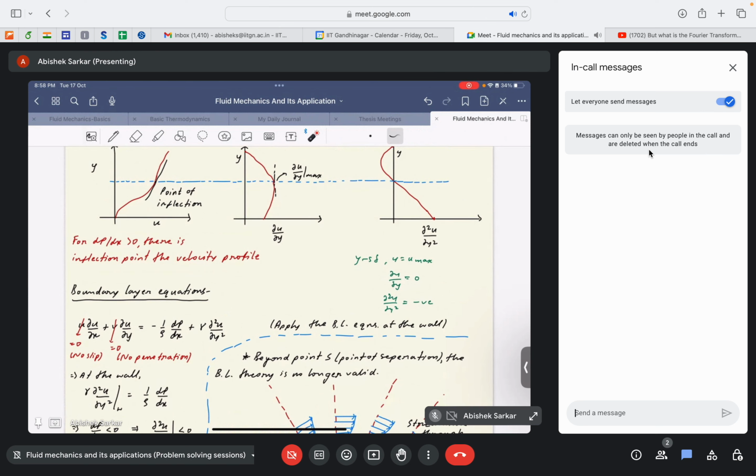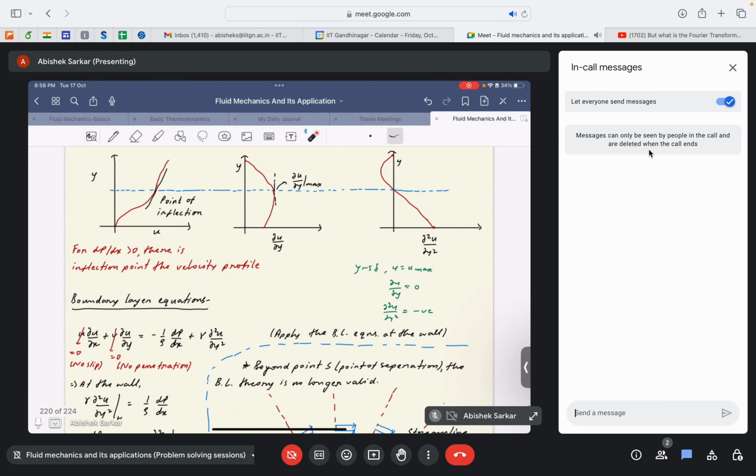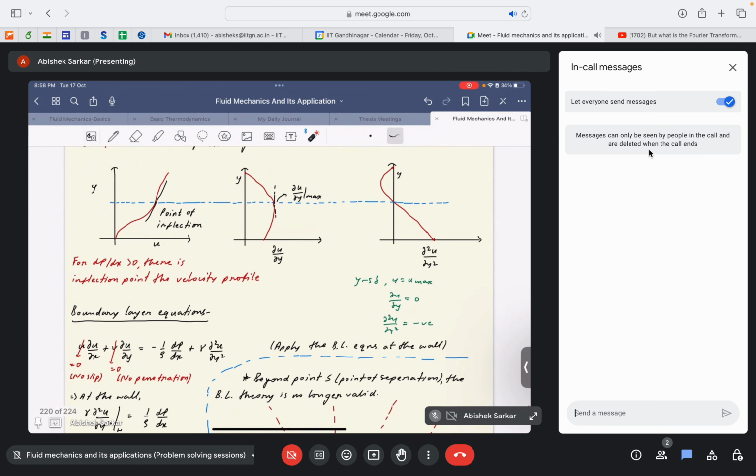Here, let me just go back. So here also, once the velocity reaches its maximum value, ∂u/∂y would be 0, right? As I told you, ∂u/∂y is 0 when velocity reaches its maximum value. I'm not able to draw it here, but it basically means that this will lie on the same line.